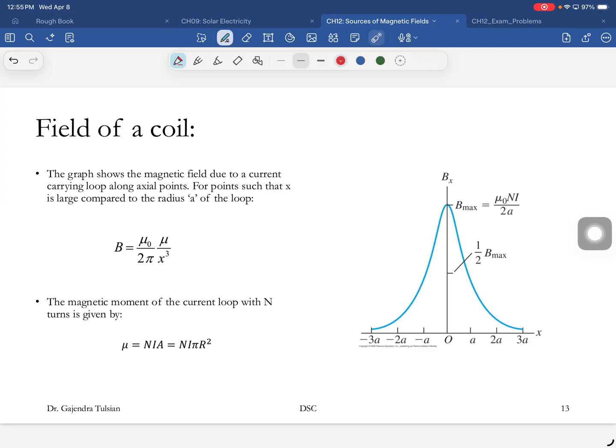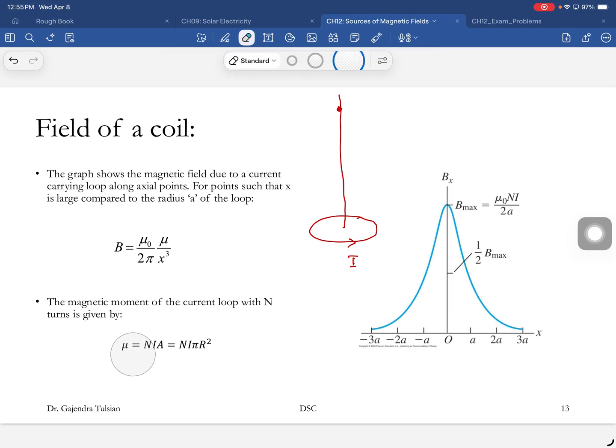Okay. So what this expression is giving you is, here is a current carrying ring, and the magnetic field along points far away compared to the size of the ring is falling off as 1 over X cubed. Here is the magnetic moment.